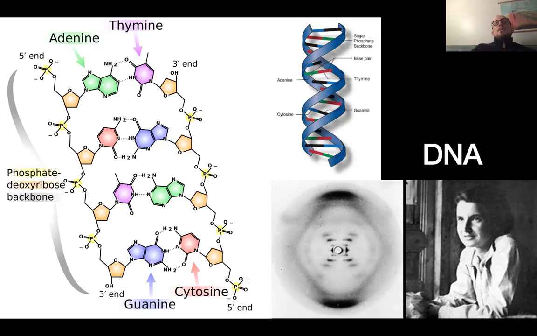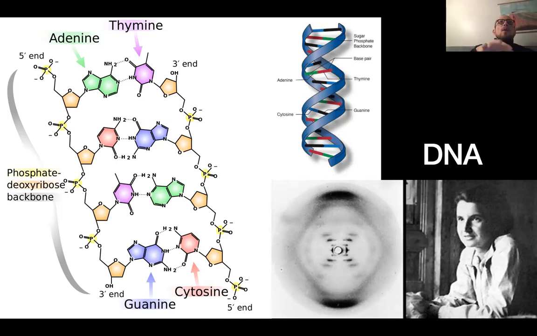But because scientists are lazy, they often abbreviate those bases with just the letters A, T, G, C. So you'll often see the code for DNA written out one letter at a time, telling you what the order is for these bases. And there are trillions of bases in every genetic code for every life form.